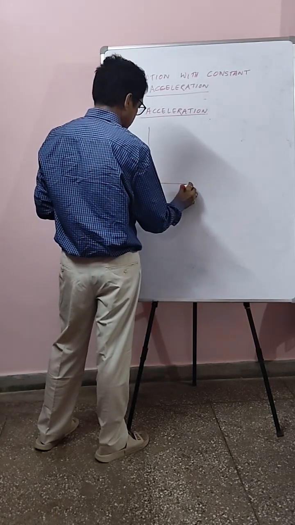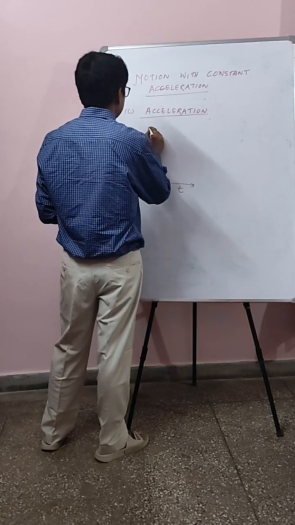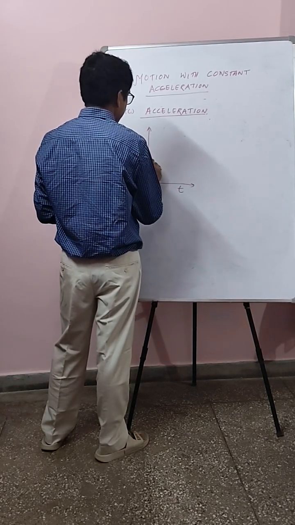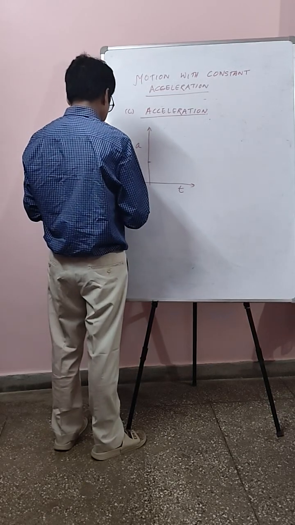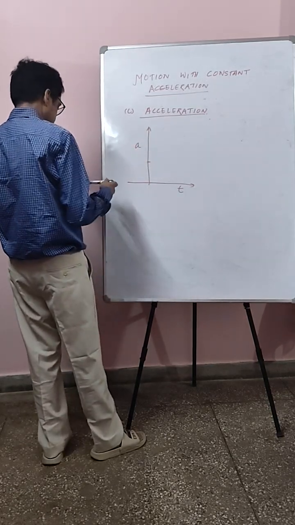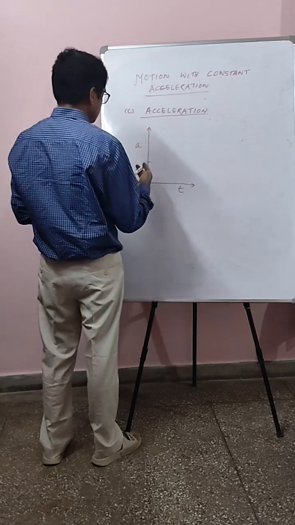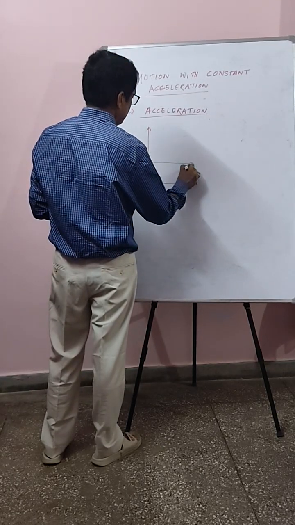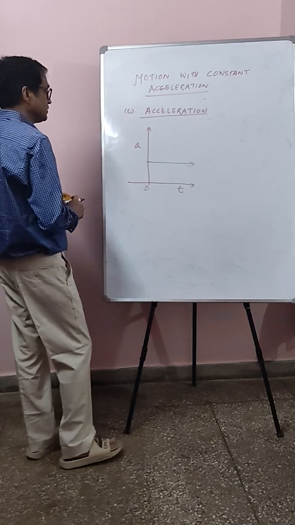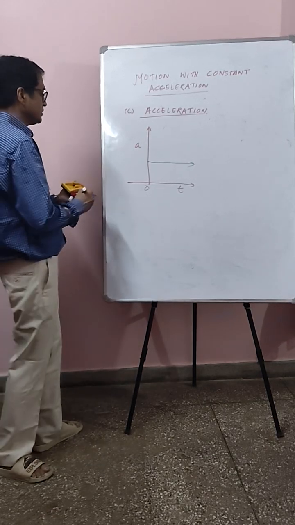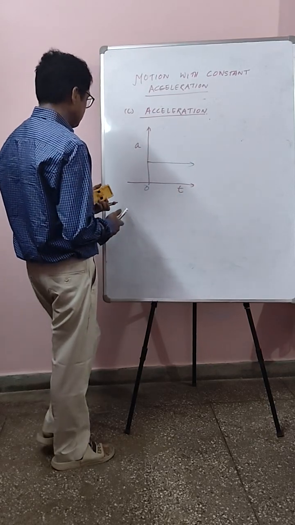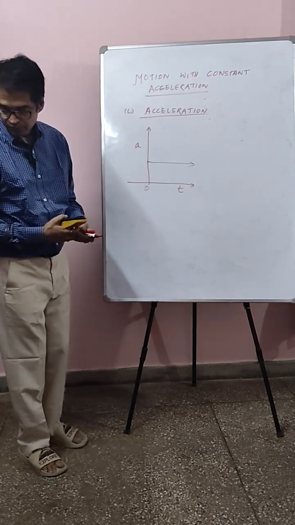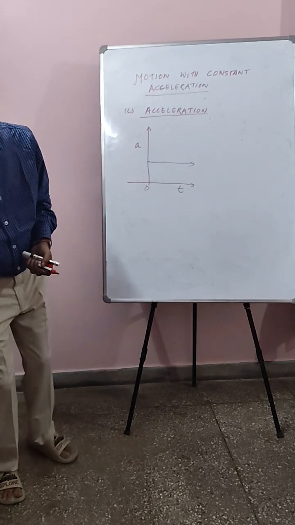Acceleration is constant. This is t, this is a. We take some value of acceleration a0, and this is the graphical representation when the acceleration is constant. This is the acceleration versus time graph, and the curve is a straight line. Thank you.